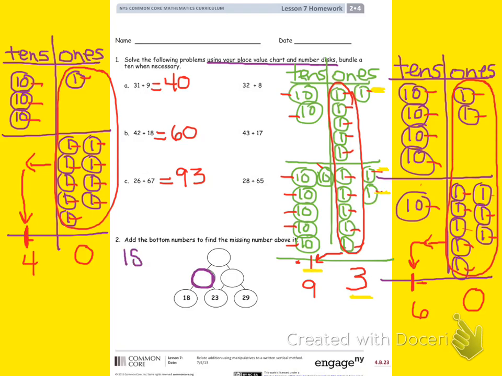I'll write it up and down like this and show you how we can do it using the place value chart without the number discs. 8 and 3 more is 11. So I'll put the 1 for the ones column and the 1 for the tens column there. 2 and 1 is 3, and that extra 1 is 4. So this number 41 will go right here.